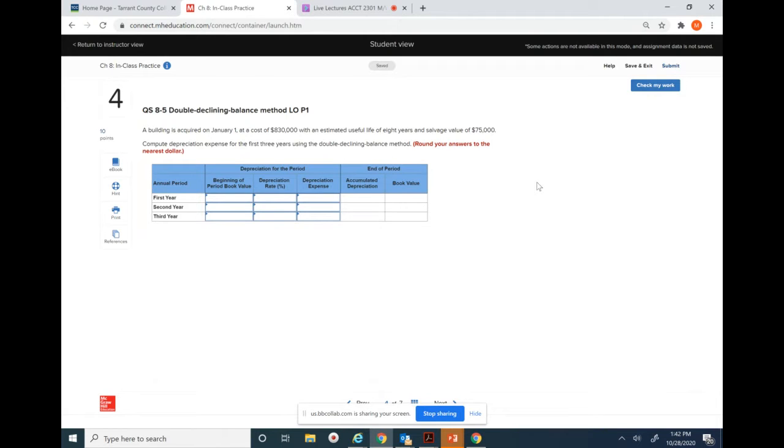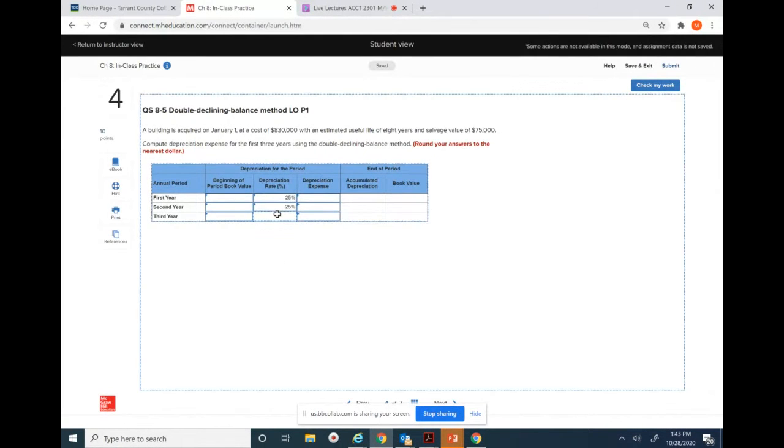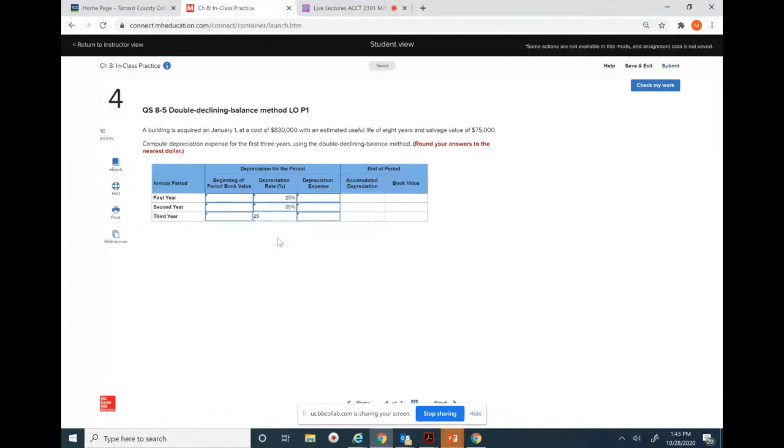So the 12.5% is the straight line depreciation. If I double that, I'll be depreciating 25% of the value of the asset every year of the useful life of the asset.